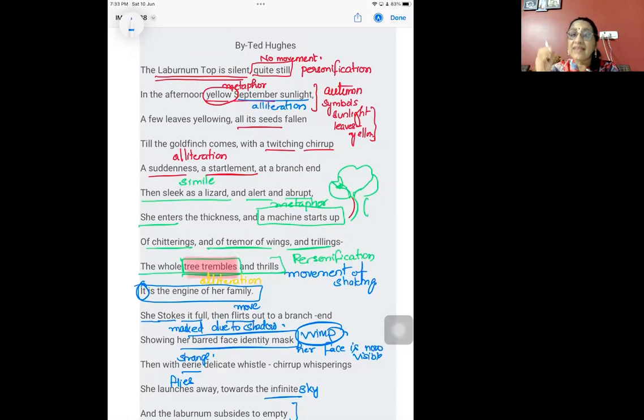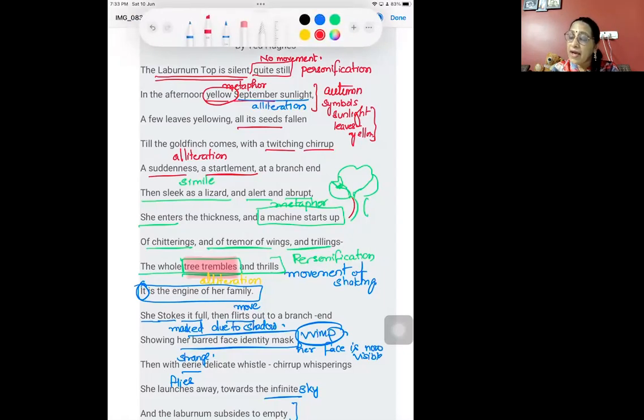The sunlight is there. The leaves have turned yellow. A few leaves yellowing. मतलब कुछ जो leaves हैं वो yellow पड़ रहे हैं. All its seeds fallen. और उसके सारे के सारे जो seeds हैं वो नीचे गिर चुके हैं.